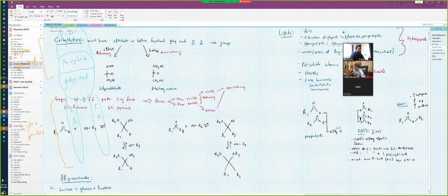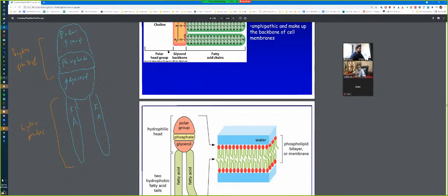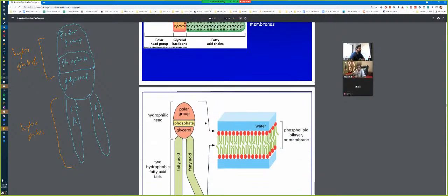If you drew a structure like that for the fat, you can draw one for a phospholipid, but it's just going to have that phosphate group. Really these two pictures are the same, but this makes it easier.